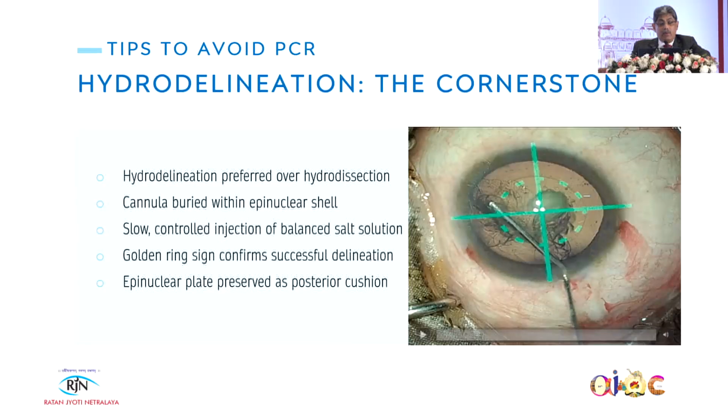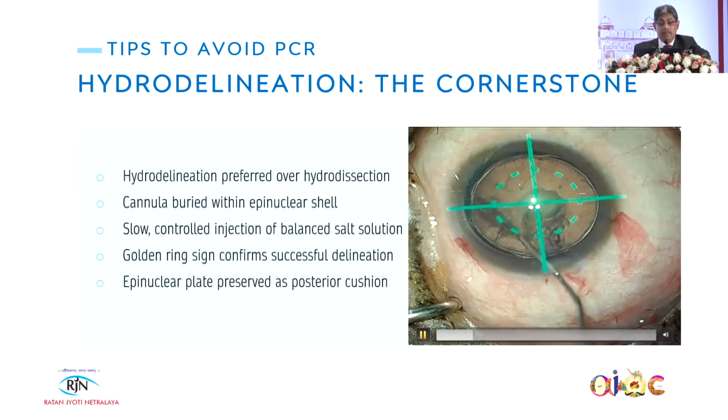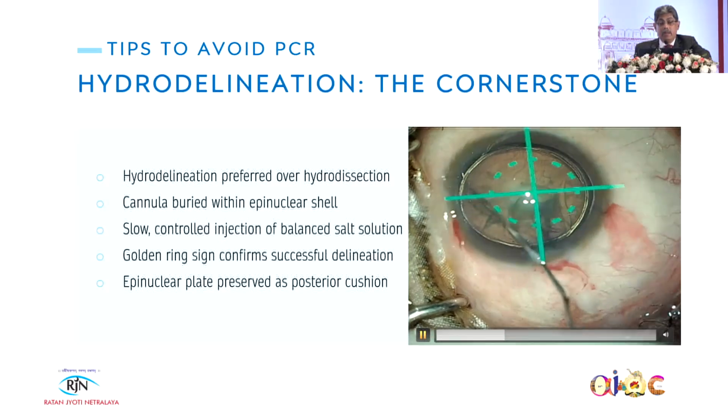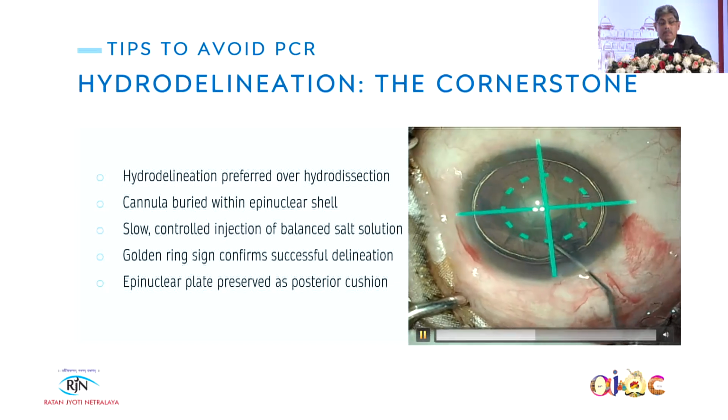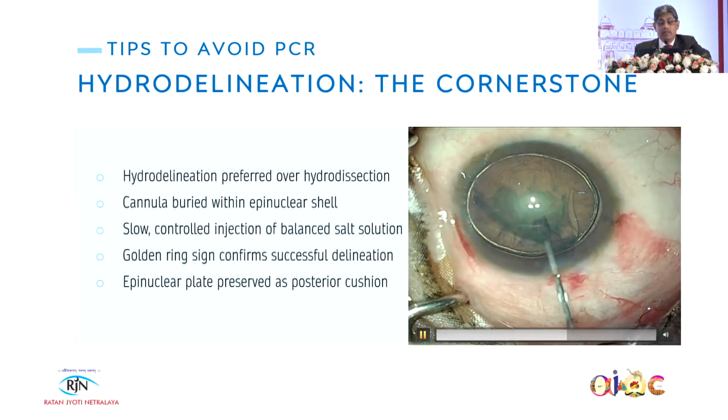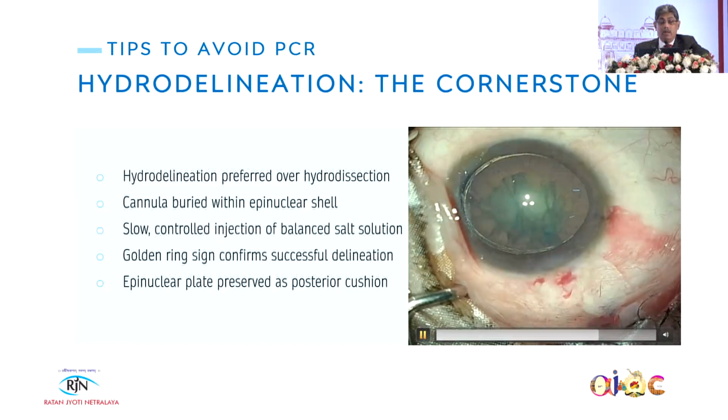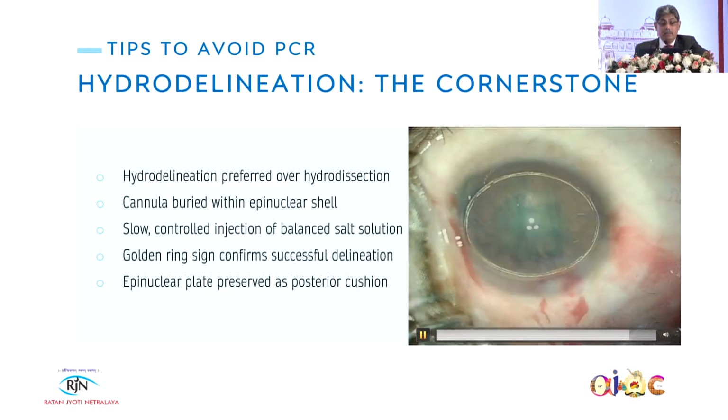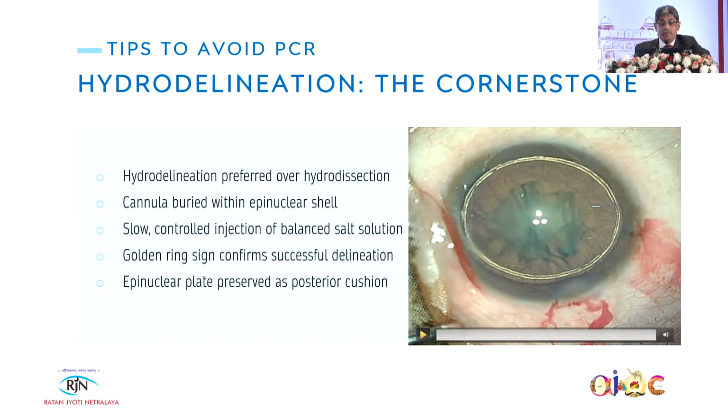Hydrodelineation is the cornerstone. The most important thing is to fill the chamber with viscoelastic and do the hydrodelineation, which is the cornerstone. You never do hydrodissection in these cases. A thick golden ring should be there.